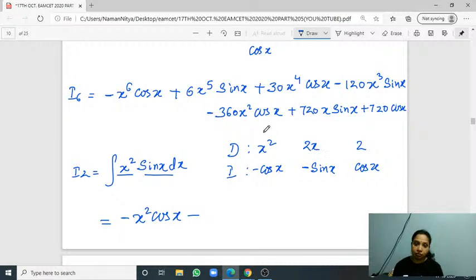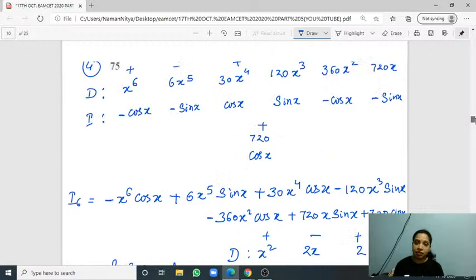Here also, plus then minus and plus. This also we have to write, okay, don't forget. So here plus minus, so it will be minus term only. Minus minus, so it will become plus 2x sin x, and this will be again plus 2 cos x. So this is my I2.